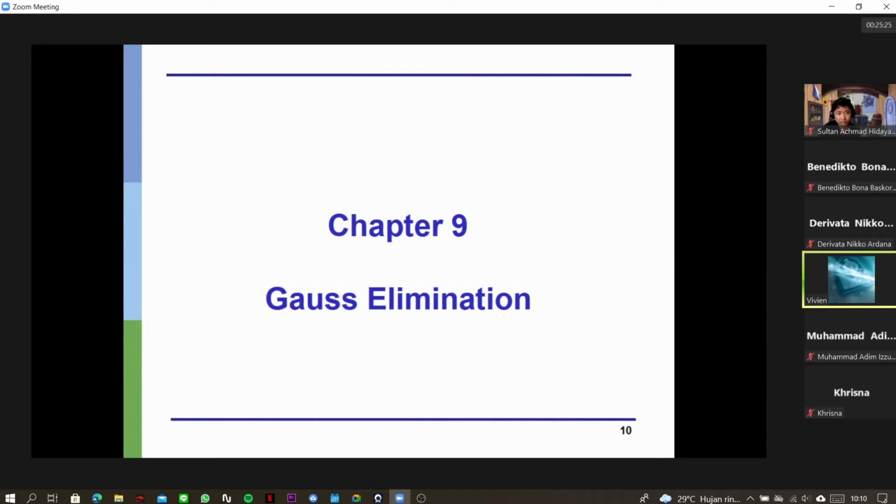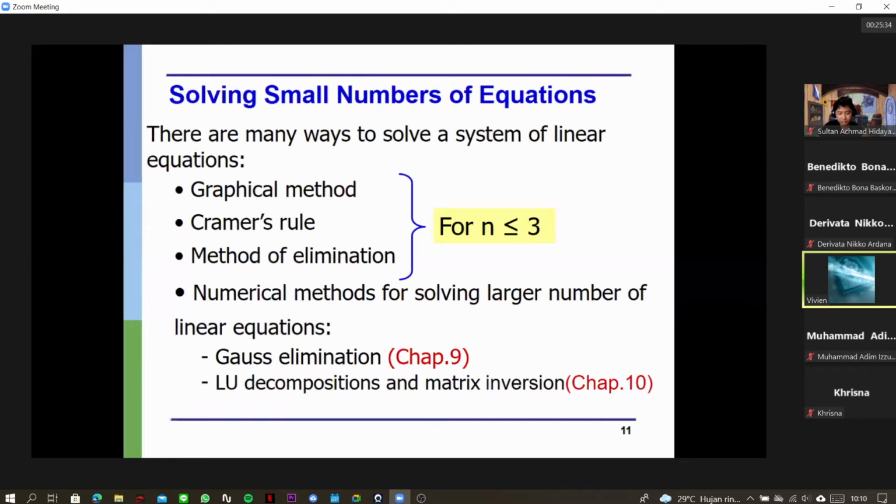So now we will go on to the first chapter in part 3, which is about Gaussian elimination. Say we have a system of linear equations in which we have three equations to find three unknowns. The number of unknowns here is 3 or less, so this is quite easy.